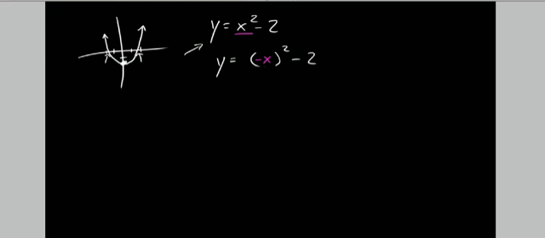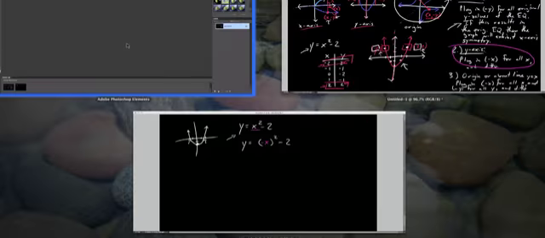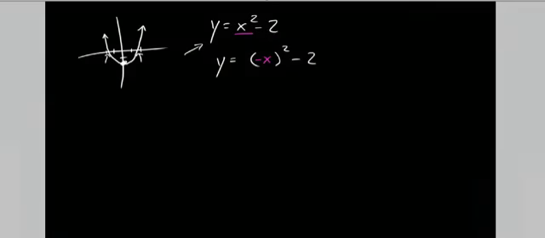We know this is going to have y-axis symmetry, so according to the rules we had written over here, it should result in the same exact equation we started with. So let's verify this. We're taking this negative x squared, and of course we're squaring the negative and the x, but anything times itself should result in a positive.